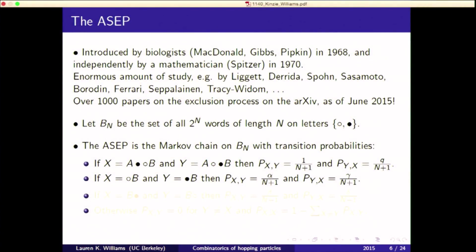Now, if x is an arbitrary word with a hole at the far left, and y is the same word, but that hole has been replaced by a particle, then the probability of going from x to y is alpha over n plus 1, and of going back the other direction is gamma over n plus 1.